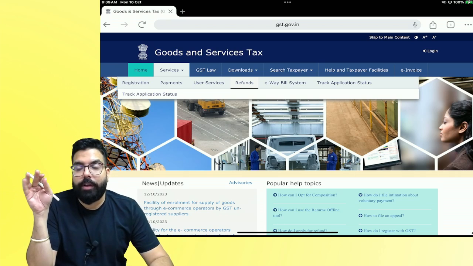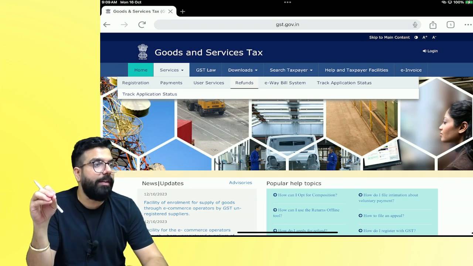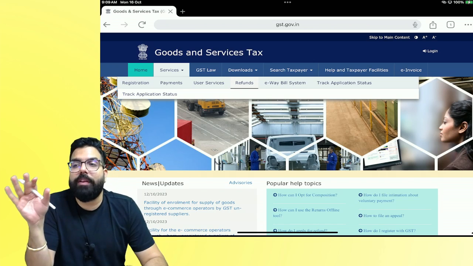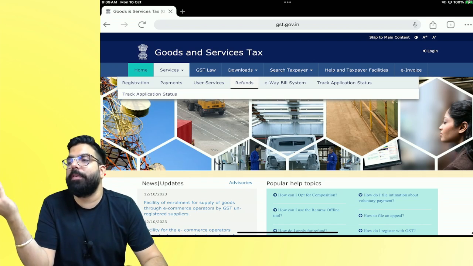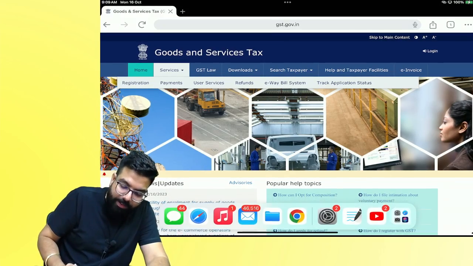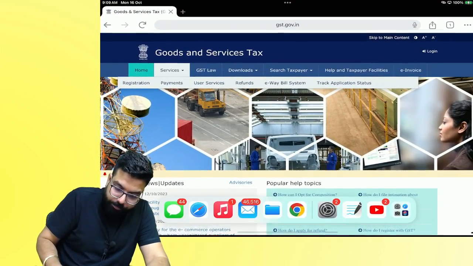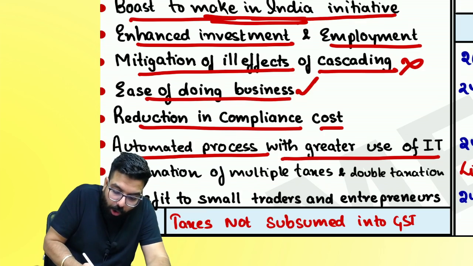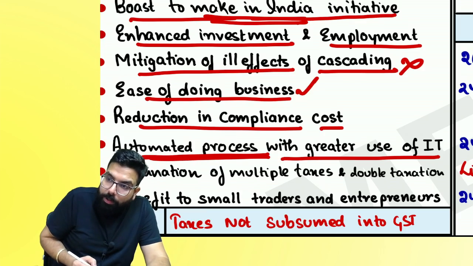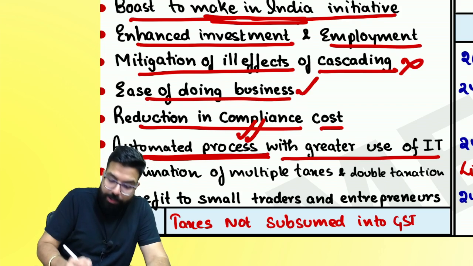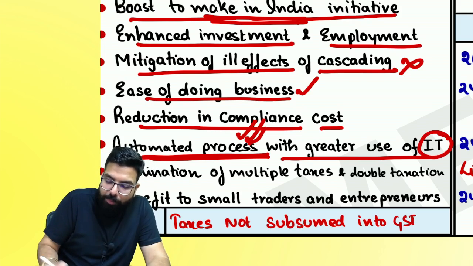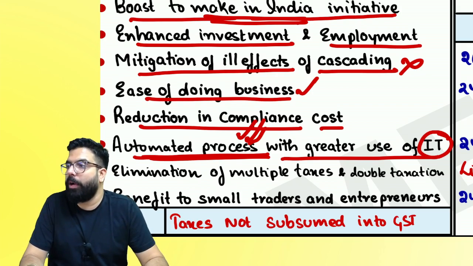Online. And because all the processes are online, everything will be very easy. Ease of doing business is coming. So what they are telling is, in GST, automated processes are there: registration process, payment process, return process. They are using information technology. Can I go ahead, everyone?